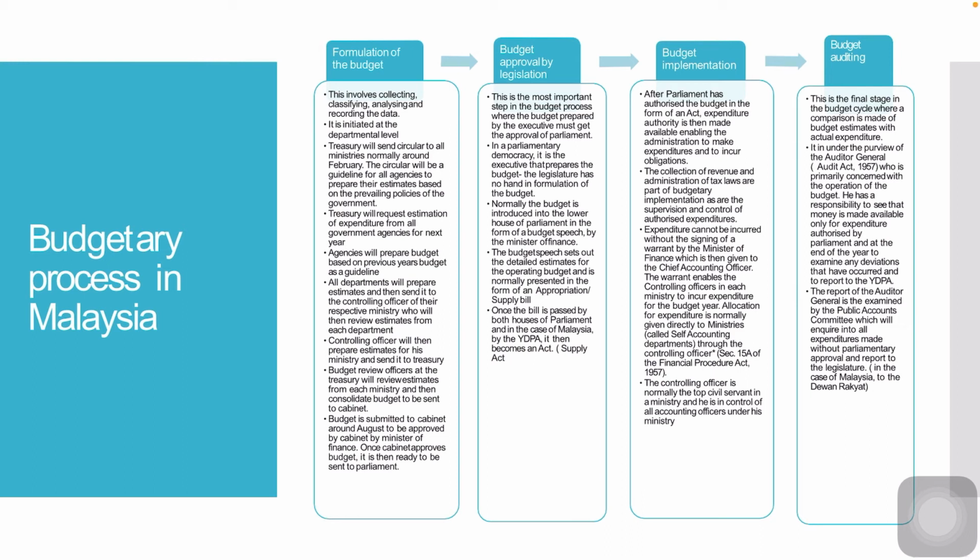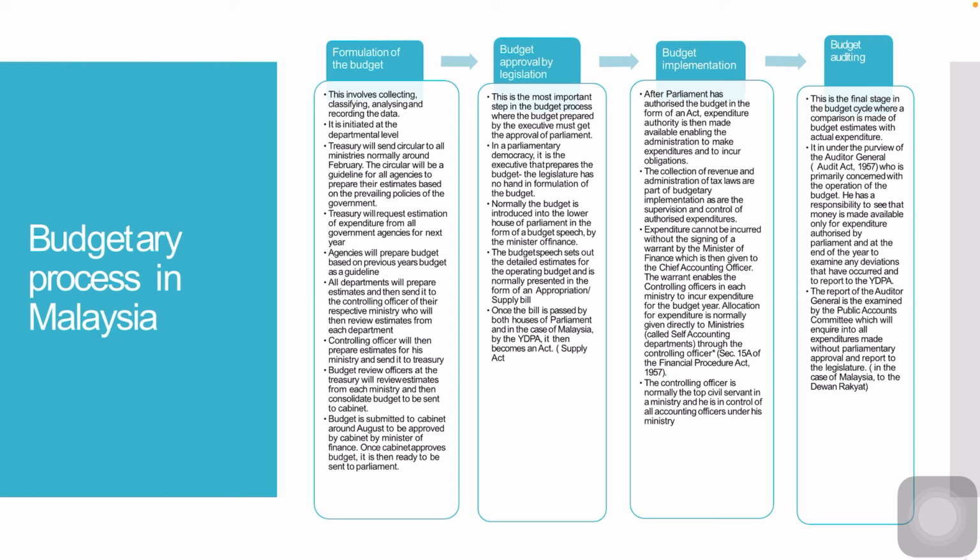Auditor General adalah orang yang akan review lah, ataupun kita kata audit the budget. So he has the responsibility to see that money is made available only for the expenditure authorized by the parliament, and at the end of the year to examine any difference ataupun kita kata any comparison that has occurred, and it must be reported to YDPA.